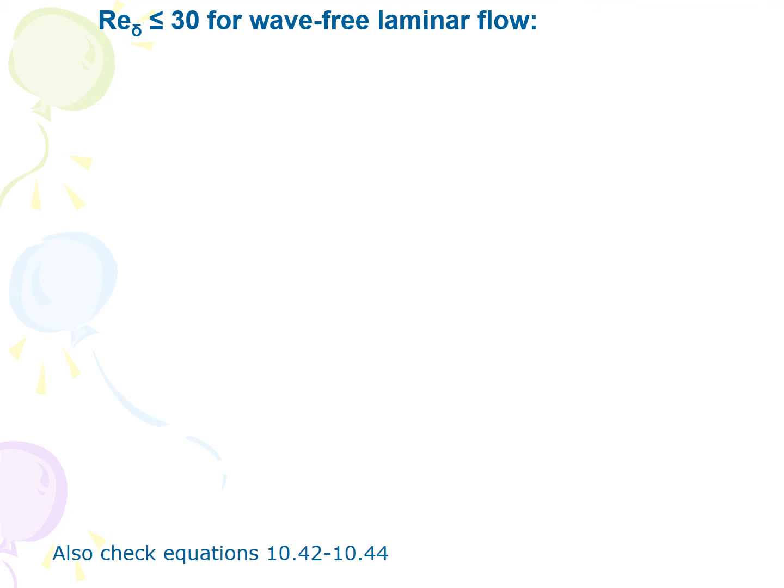Firstly, for a Reynolds number less than 30, the correlation is as follows. V is the kinematic viscosity, equal to viscosity divided by density.